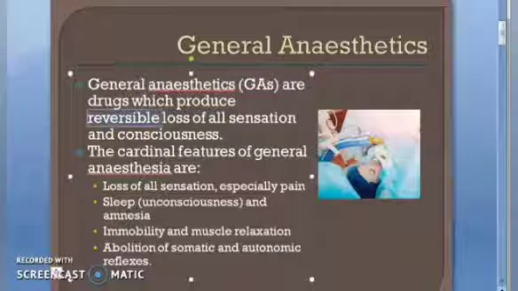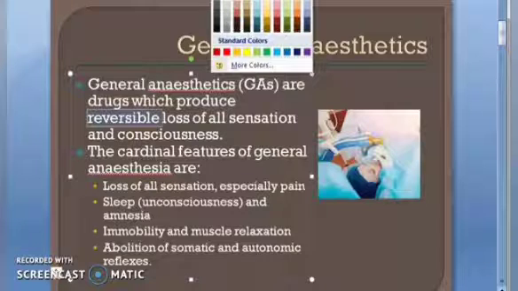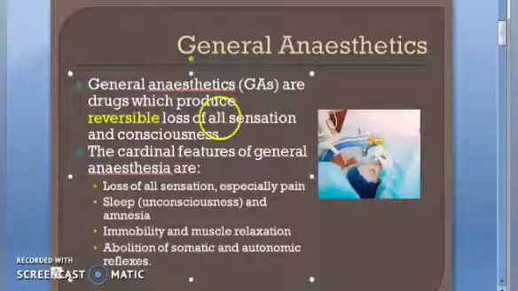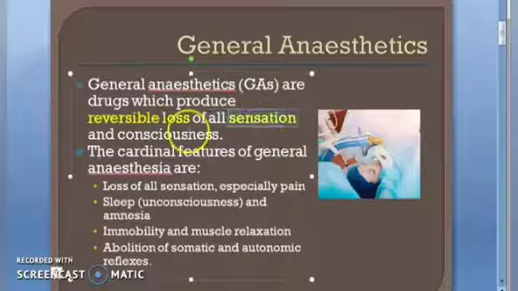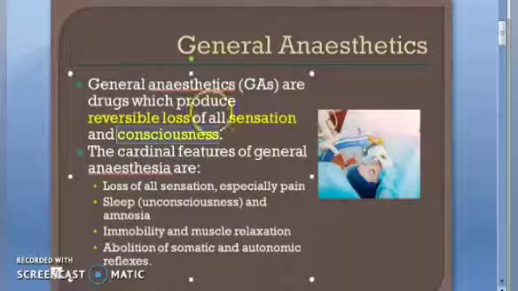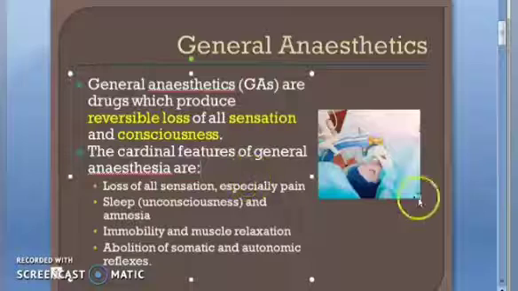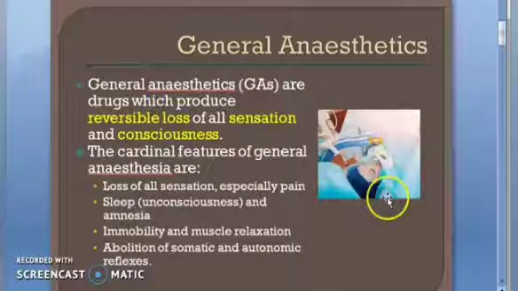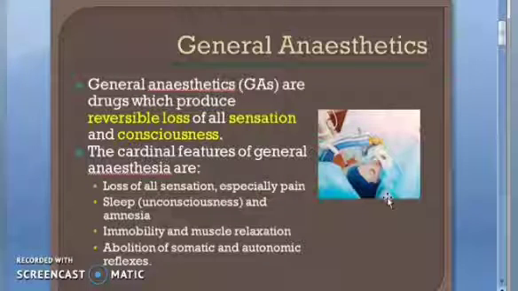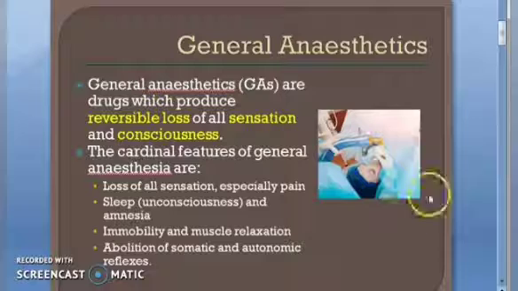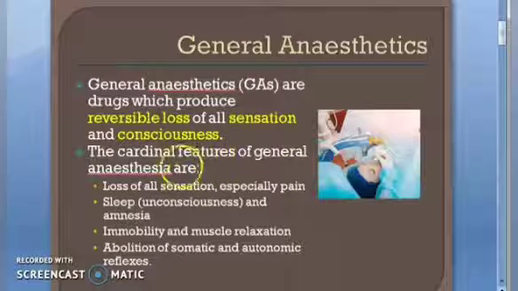See this word, reversible loss of all sensation and consciousness. So you will be able to tell the definition of general anesthetics, right? Drugs used to produce reversible loss of sensation and consciousness.